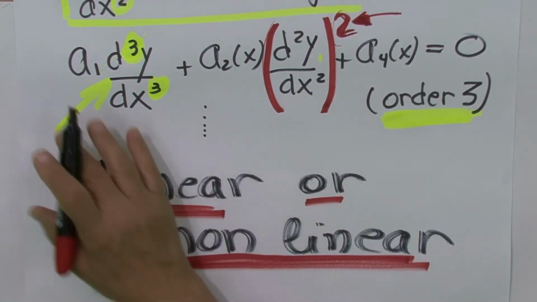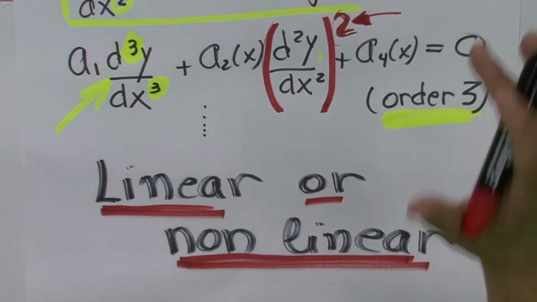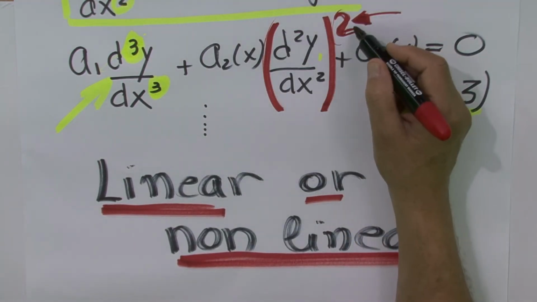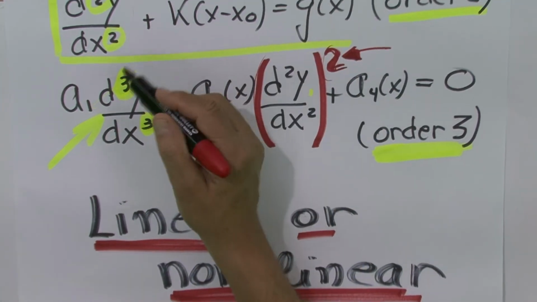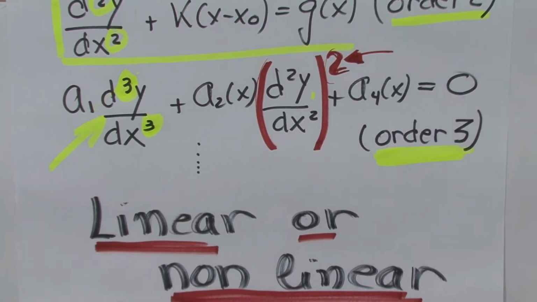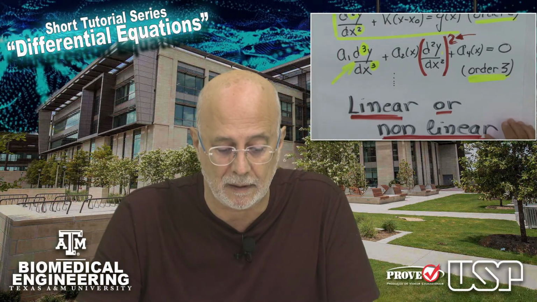So being linear or nonlinear is related to the exponent. The linear case is when there is no square, nothing, no exponent, no square root or any other exponent. They have different orders of derivative, but not things squared or cubed or with a square root.